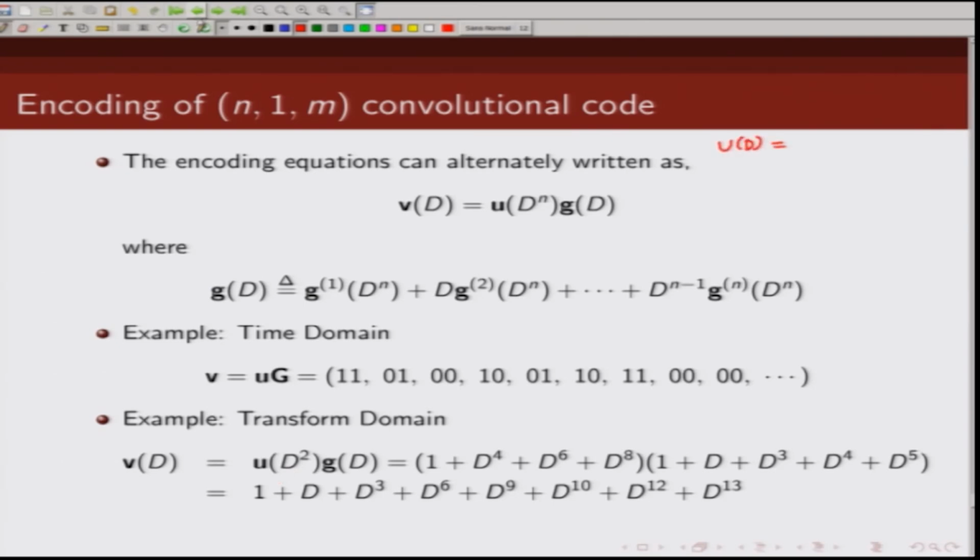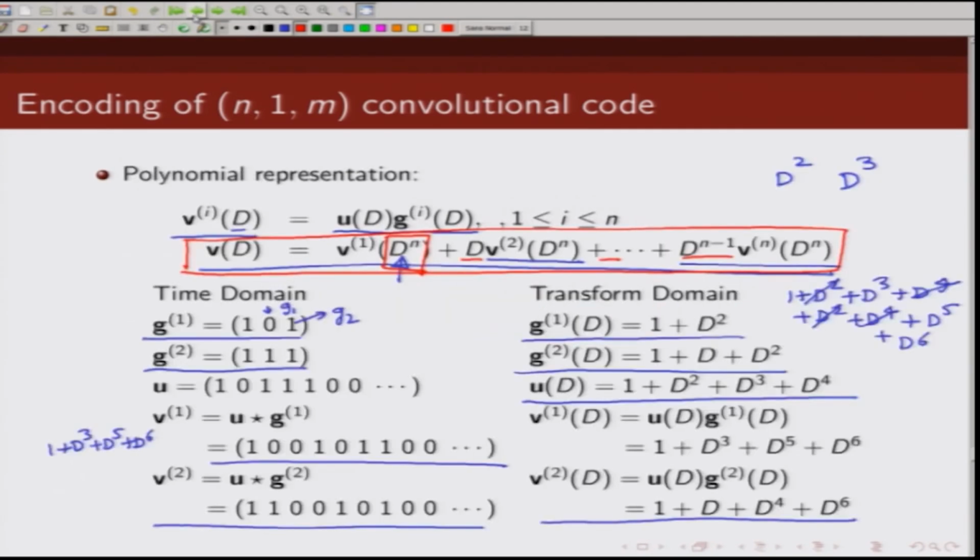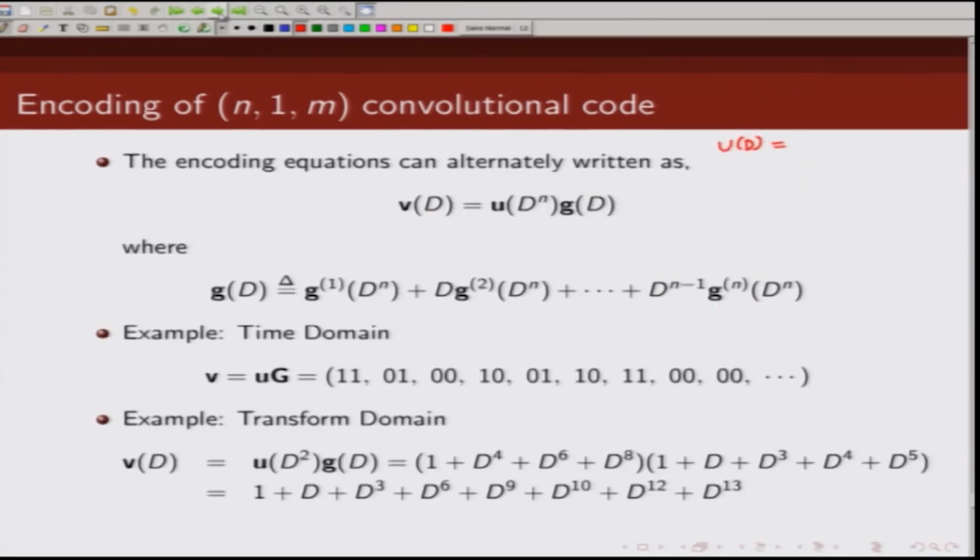Go back to the example. u(d) is 1 plus d^2 plus d^3 plus d^4. So u(d^2) will be 1 plus d^4 plus d^6 plus d^8. So, that is what we have written here.